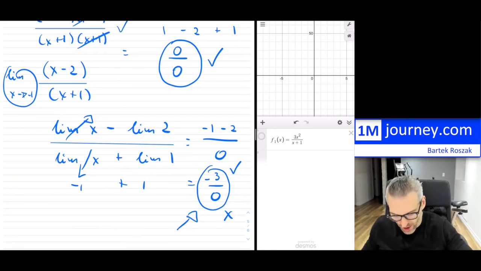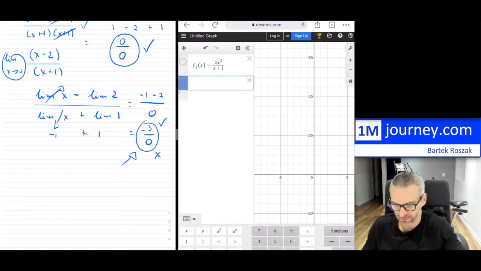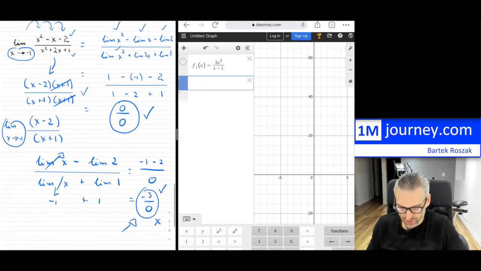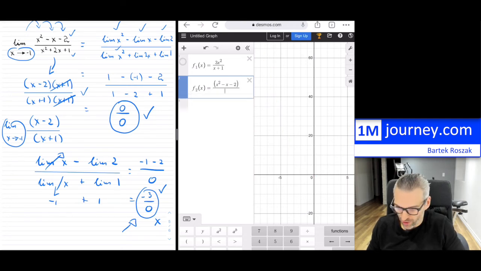And now let's plot it. If it's undefined, that means there's some kind of asymptote happening in here. So let's try to do that. Put it up in Desmos. Call this the second function: f(x) equals, and I'll put it all in brackets, x squared minus x minus 2, all over x squared plus 2x plus 1.